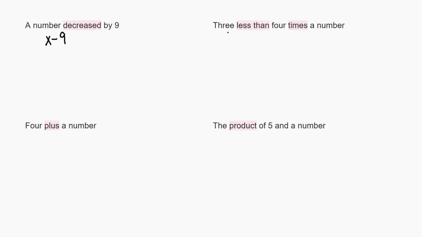Here we have 3 less than 4 times a number. As you can see, there are 2 operations here, so we have to see what order we need to do this in. Less than and times, none of those are grouping words. So we're going to do this in the order of PEMDAS. So we should multiply first. So 4 times the number gives us 4x, and 3 less than, so we're subtracting by 3.